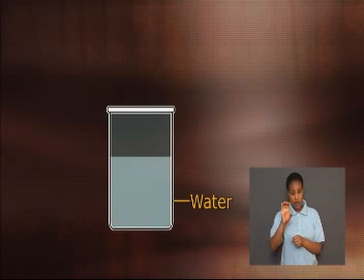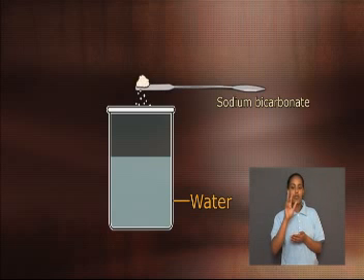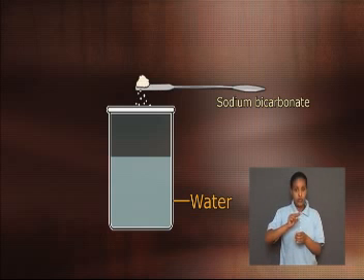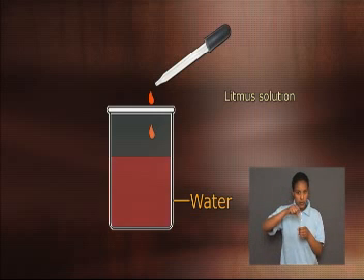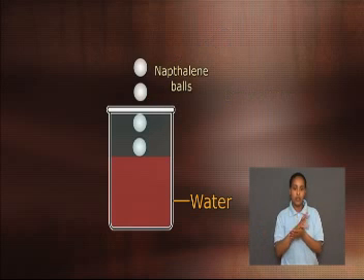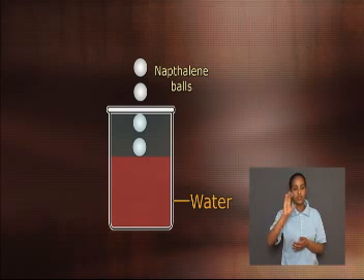We fill a 400 milliliter beaker 2/3 full of water. We add 2 spoonfuls of sodium bicarbonate and dissolve it with the water. Then we put a few drops of litmus solution and 4 to 5 naphthalene balls into the beaker.